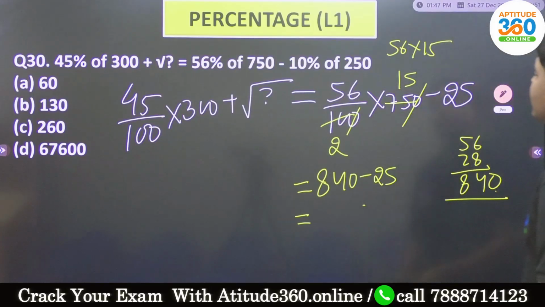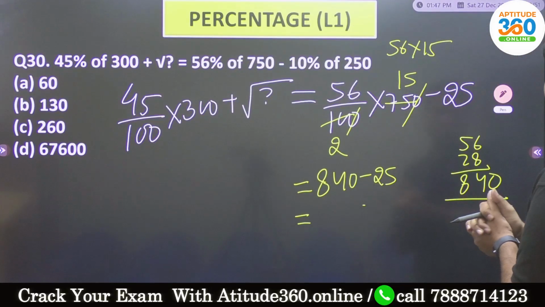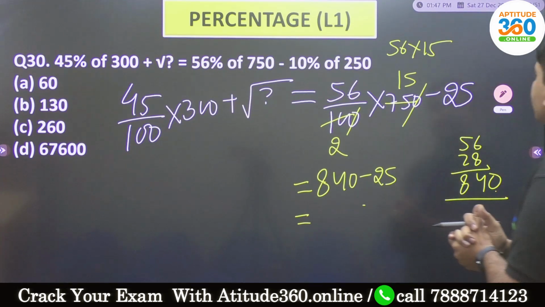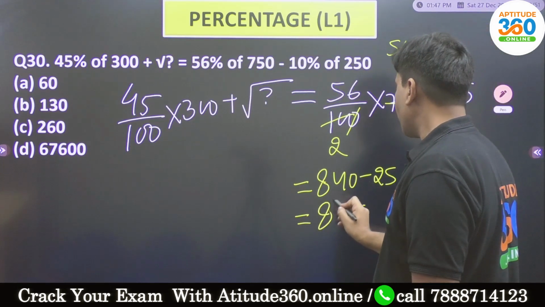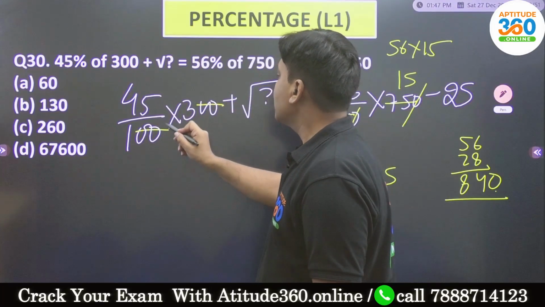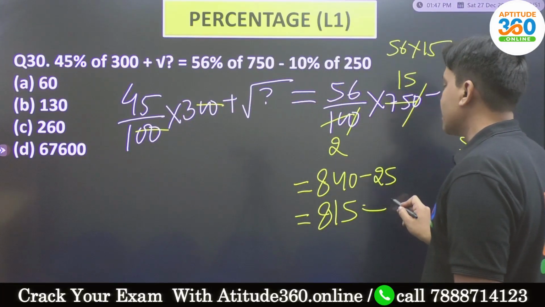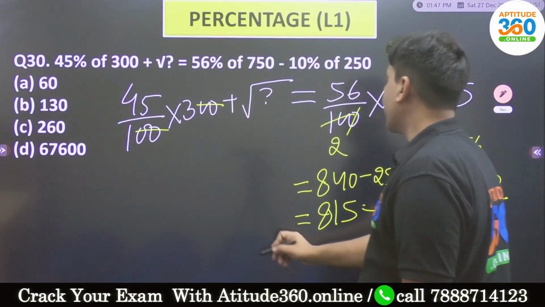Am I doing it correctly? 560, 560 and then 28. So that is correct. That is 25. 815 aa rahi hai. Now over here this is 135. So 135 has to be subtracted from here, right?